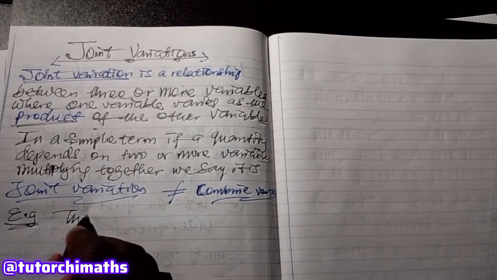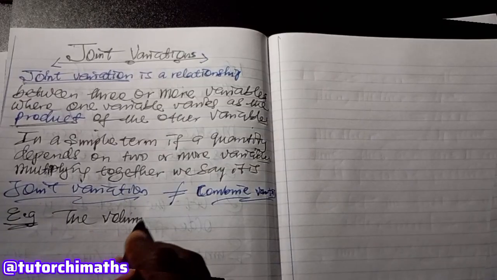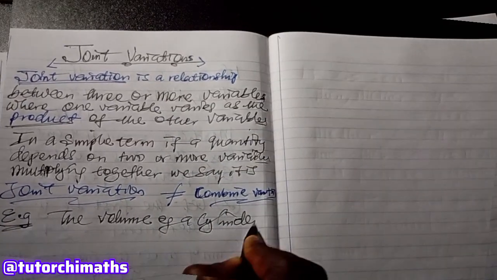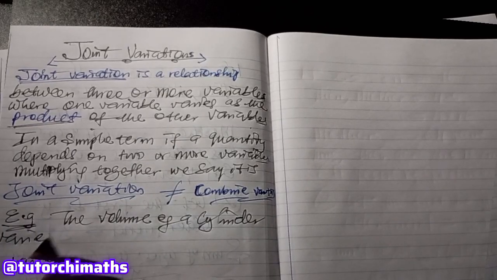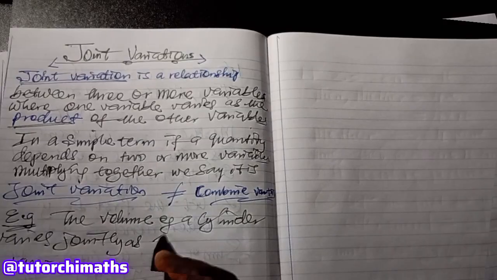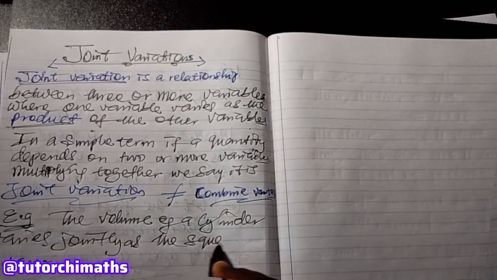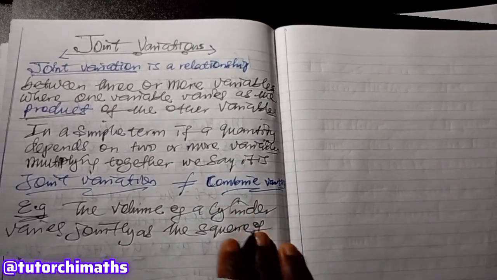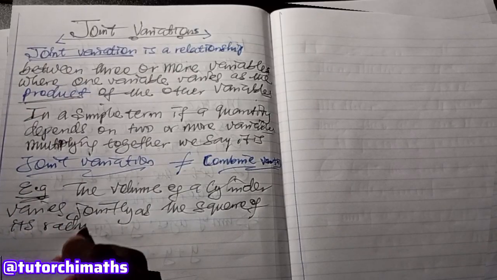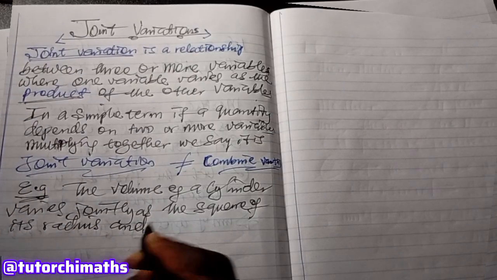The volume of a cylinder varies jointly as the square of its radius and the height.